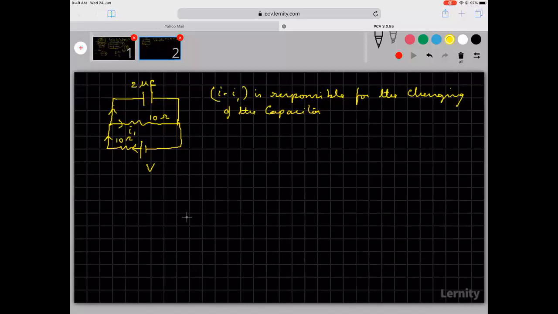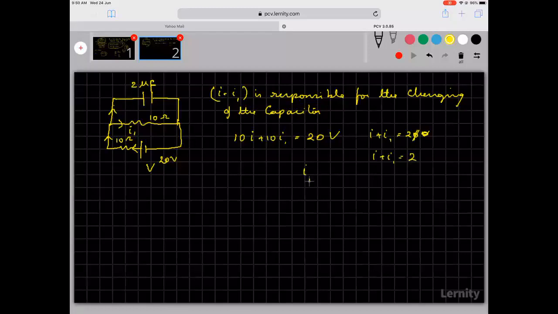Now if I have to write some equations, I already wrote 10 times I plus 10 times I1 is equal to 20 V. We took this as 20 volts. So I plus I1 is equal to 20 by 10, that is equal to 2. So I plus I1 is equal to 2, that we have written.